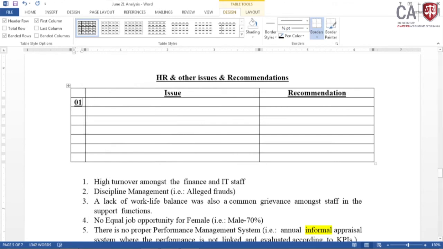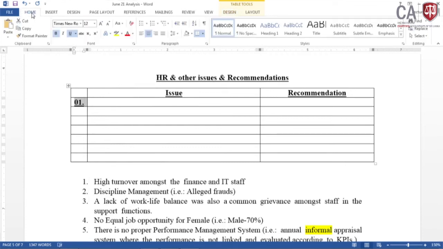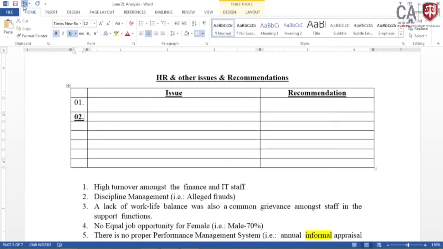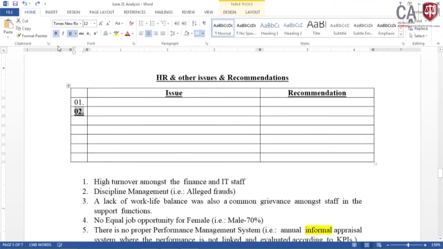Already we have identified the issues. Now here we will try to give some recommendations on those issues.